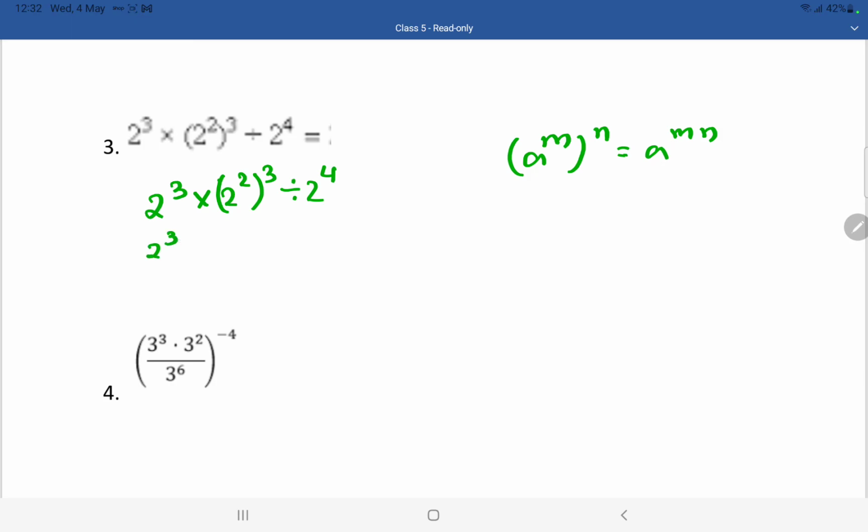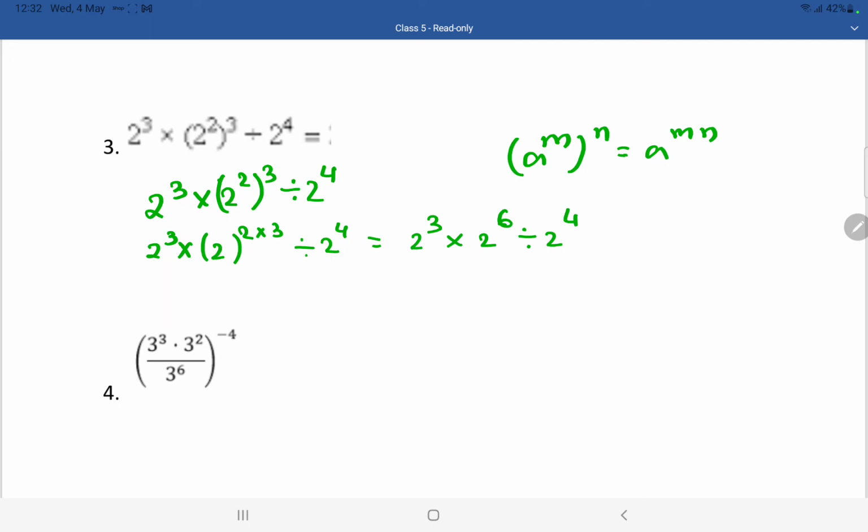So 2 whole power 2 into 3 divided by 2 power 4 is equal to 2 cube into 2 power 6, since 2 threes are 6, children. Divided by 2 power 4.